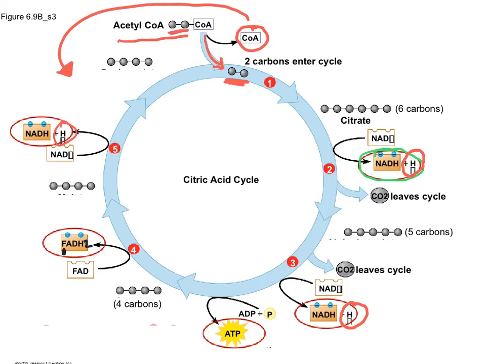So the cycle is going to proceed, and that 2-carbon molecule, let's say it's represented by these 2 carbons, is added to an already existing molecule in the cycle, but you don't need to know the name of that. So 2 carbons get added to a 4-carbon compound to make a 6-carbon compound called citrate.